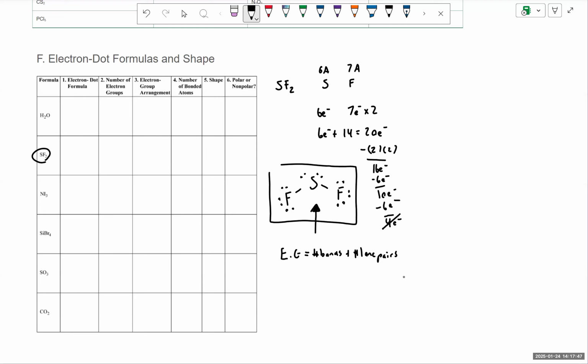So looking at sulfur, we see we have 1, 2 bonded atoms. Let me rewrite this number of bonds to number of bonded atoms, as that's a little bit more accurate for this particular calculation. So in this case, we have 2 bonded atoms, 1, 2 fluorine atoms, plus 1, 2 lone pairs. That gives us 4 electron groups. 4 electron groups corresponds to a tetrahedral electron pair geometry.